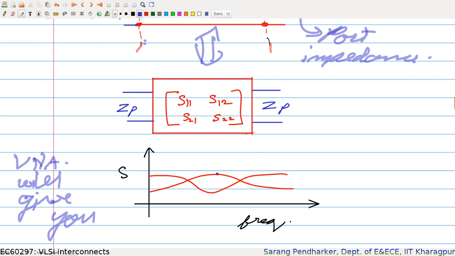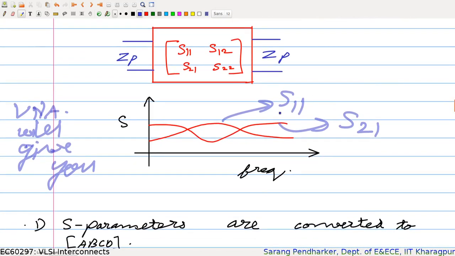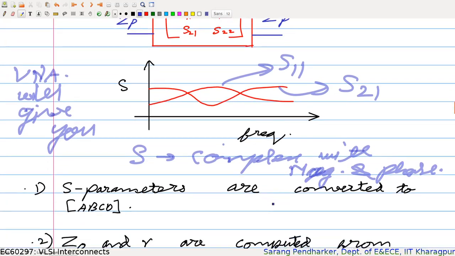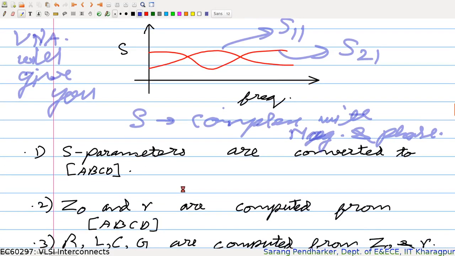Suppose this is S11 and this is S21, and you can measure these things. There will be magnitude as well as phase. So in general S is complex, with magnitude and phase.